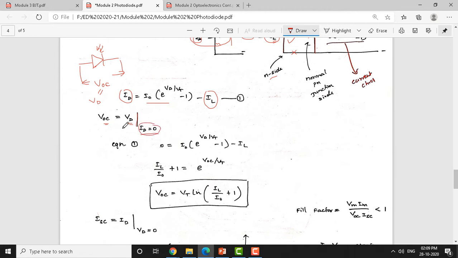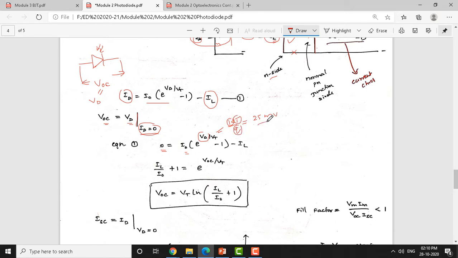Now, we can substitute this in equation 1. When I is equal to 0, the left hand side becomes 0 and the right hand side is left with I naught times e to the power of Vd by Vt minus 1, minus IL. Vt is kT by q, the thermal voltage, and its value at room temperature is about 25 millivolt if you substitute the Boltzmann constant and charge.